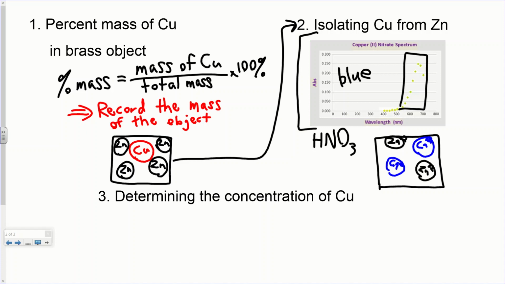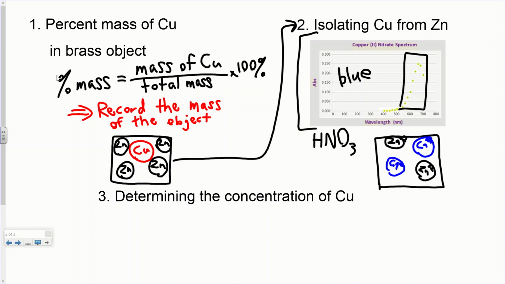Copper absorbs red light. So if we can determine the absorbance of red light of our dissolved brass object in nitric acid, we can determine the concentration of copper. So we're going to have to determine the concentration of copper.